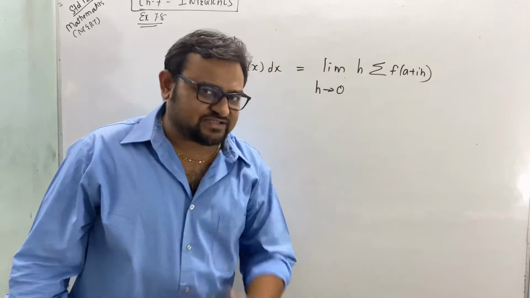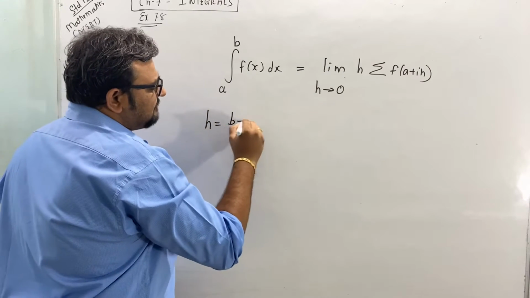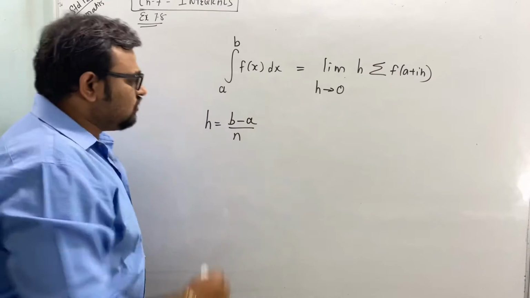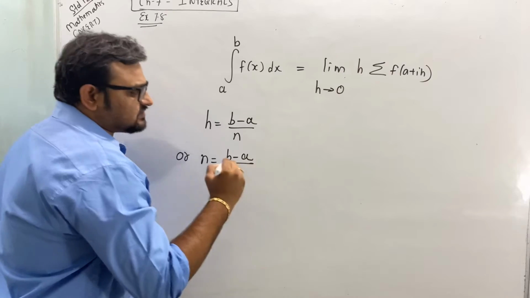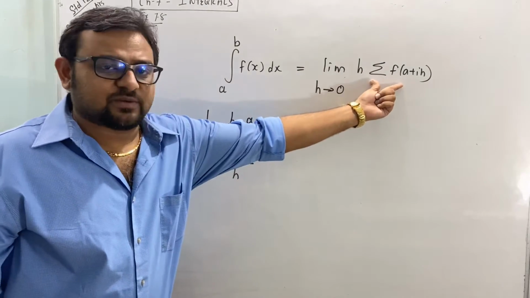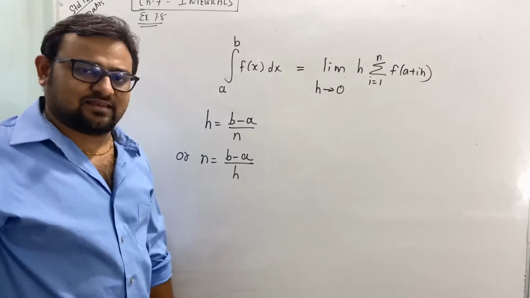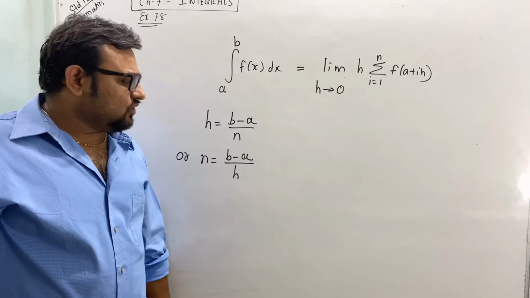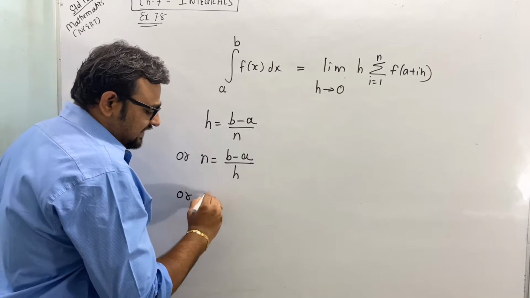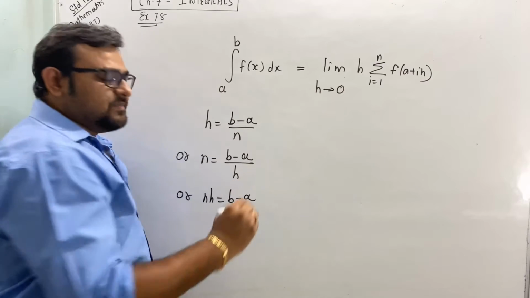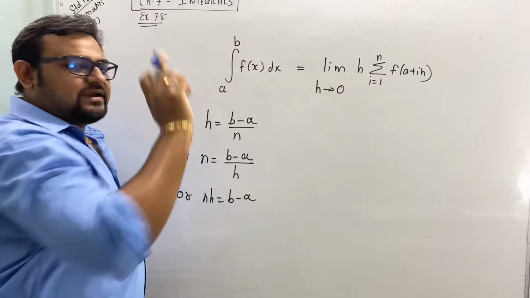Now, what is h? h will be equal to b minus a by n, or I can also write n equals b minus a by h, where the summation is over i equal to 1 to n. Clear? So I can use h or n. Most of the time we will be using nh, that will be equal to b minus a, where the lower limit is a and the upper limit is b.